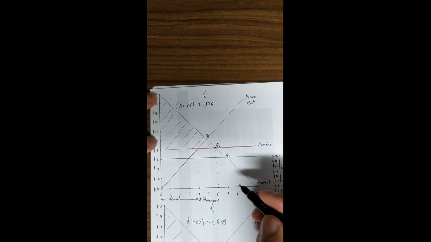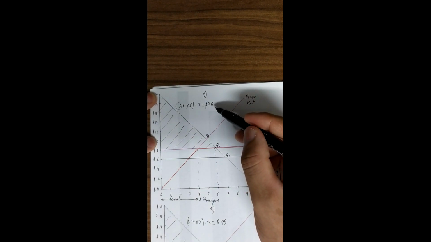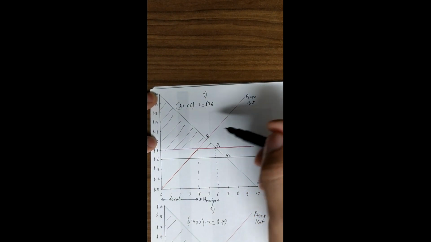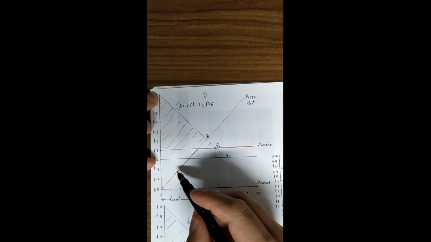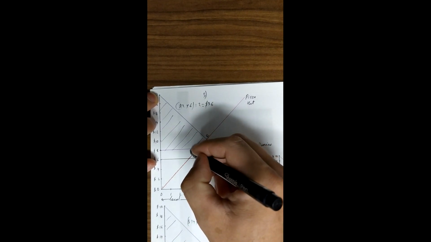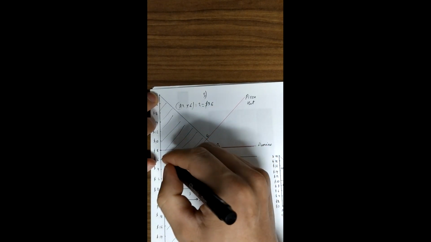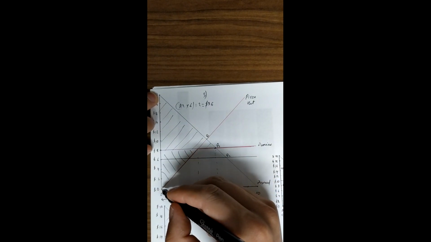Now, because of imposing the tariff, the consumer surplus actually decreased. Before the tariff, it was 49, but now it's 36. Okay, so now we have to find our producer surplus. Producer surplus is this area. Let's find our height.